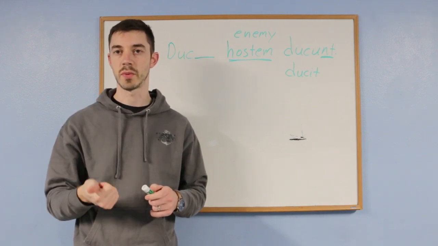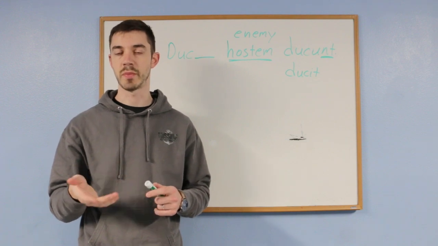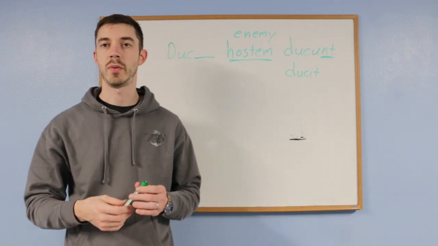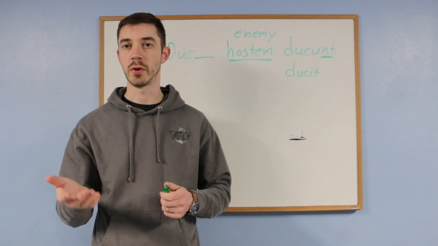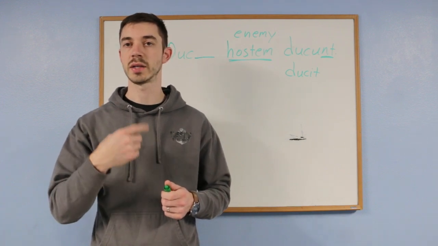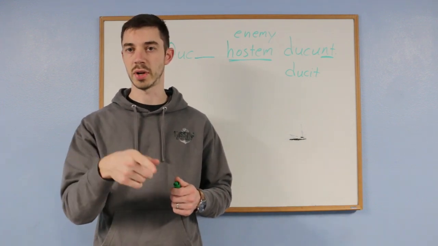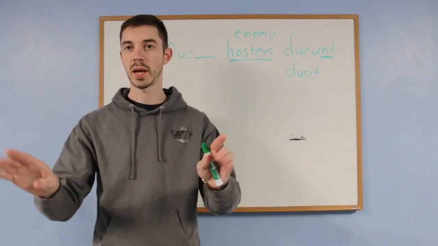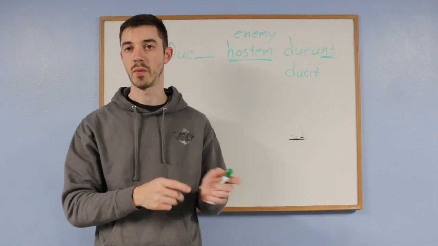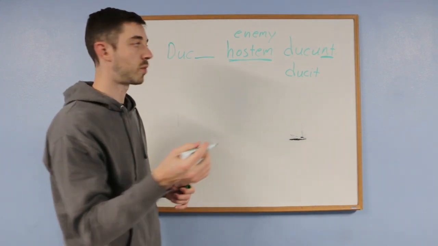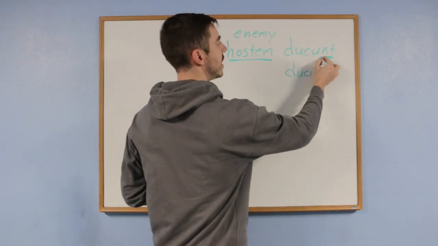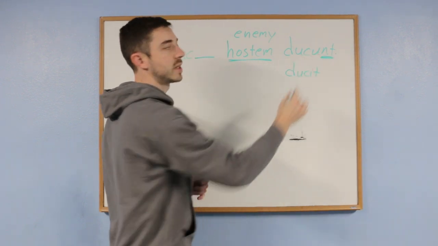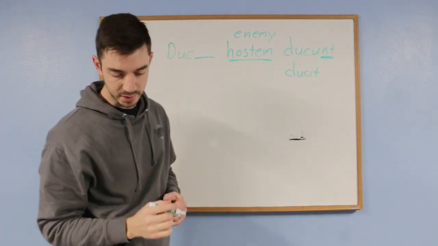So like scribo, scribis, scribit, scribimus, scribitis, scribunt. And remember that means, for scribo, I write, you write, he, she, or it writes, and then we write, you all write, and they write. So that's just a reminder that this nt ending, ducunt, would mean they lead.